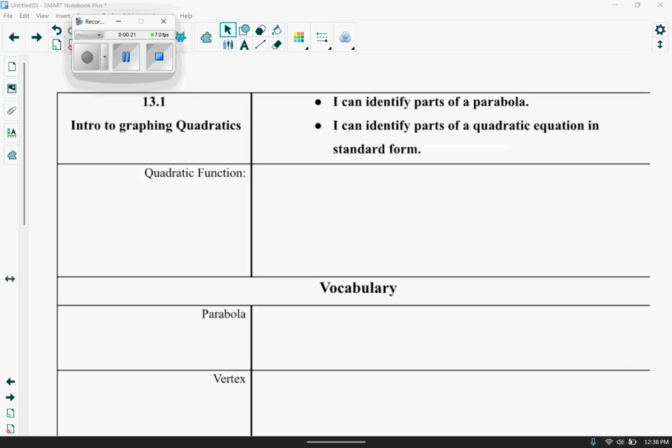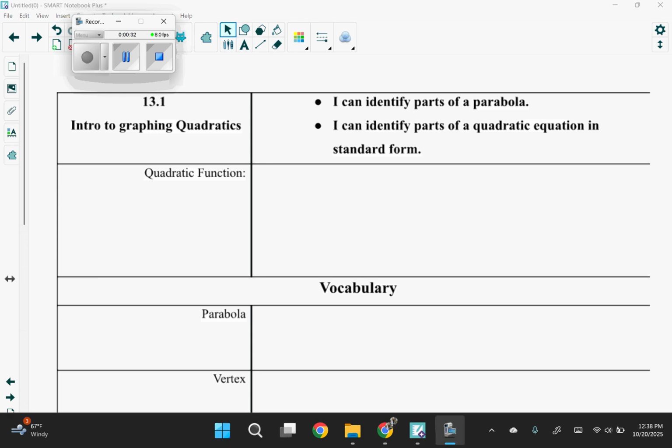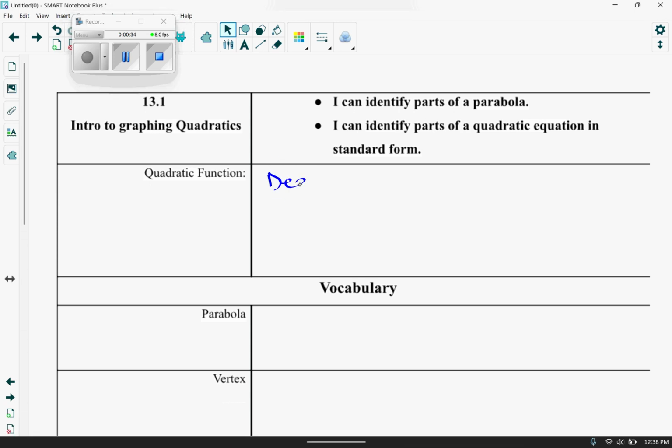Okay, so as we go into 13.1, we're just going to intro quadratic graphing, which means basically a quadratic function. You guys already know that, but this has a degree of 2. So it will look something like y equals x squared.